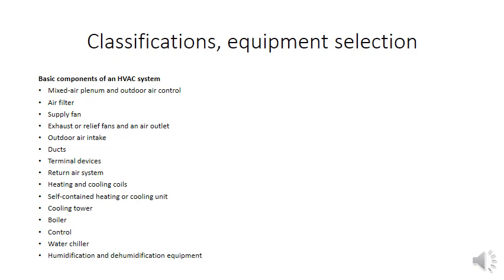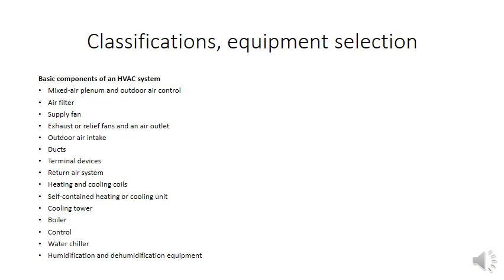Air intake, then the type of ducts, length, width, all the dimensions of the ducts. Then terminal devices, which are at the initial and the end of the duct. Then return air system, which is used to carry out the used air in the conditioned space. Then heating and cooling coil, because when we are using it for a large air conditioning system, generally heating and cooling both are preferred.